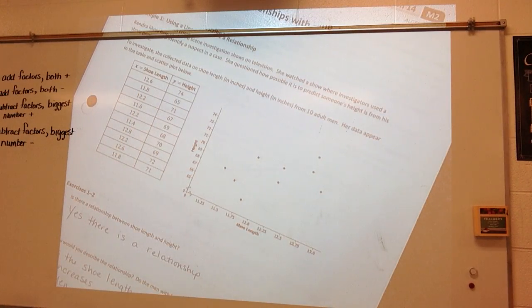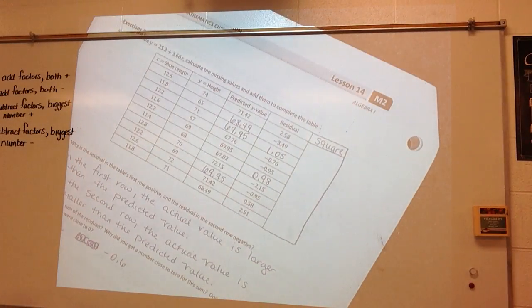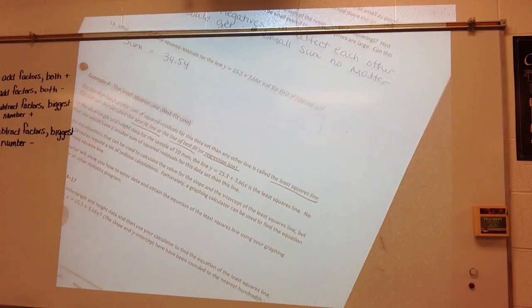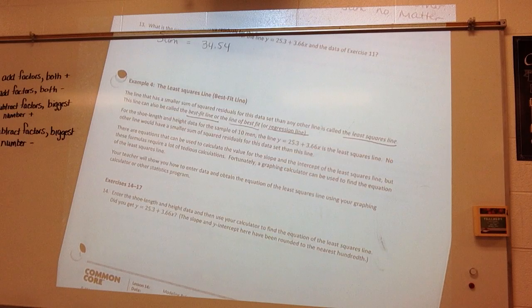It says y is equal to 25.2769 plus 3.6570x. So it wants to know, did we get 25 3/10 plus 3 66/100 x? If I round, then yes, I did get that.